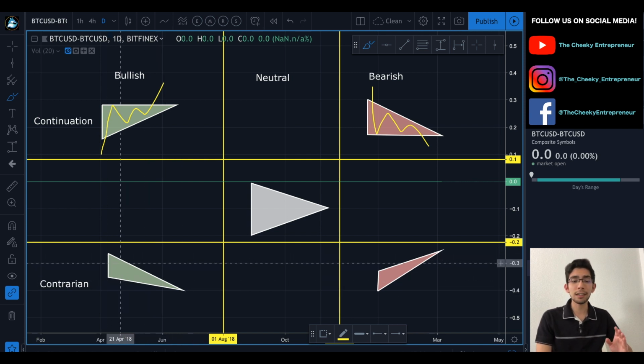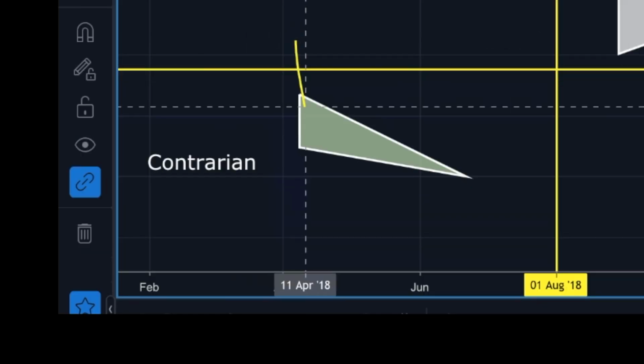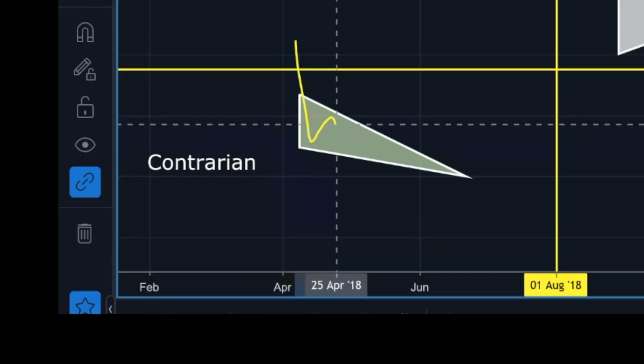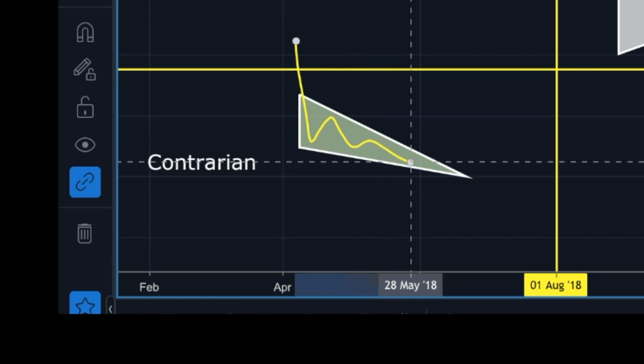Most of the time these are reversal patterns, but again you can use them as continuation patterns as well. If the price is going down, you would find that the momentum is running out, so it's not going any lower.